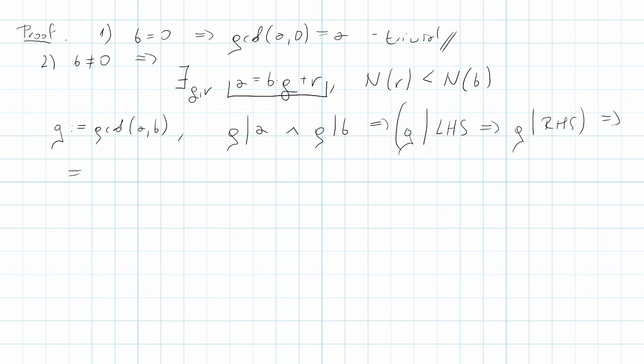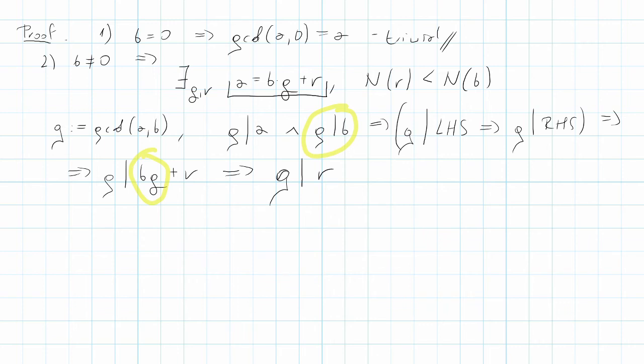So what we have is that G divides BQ plus R. But now this part is divisible by G already, so from this fact and from this fact we infer that G divides R. But what do we have now?